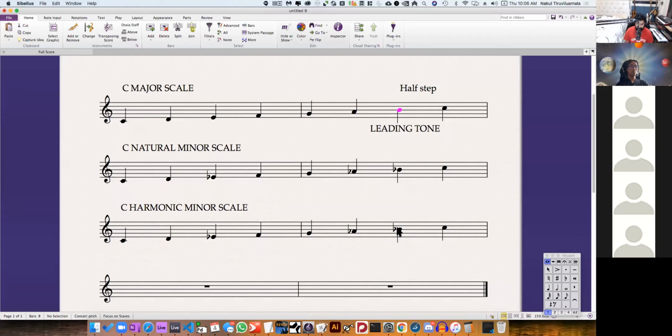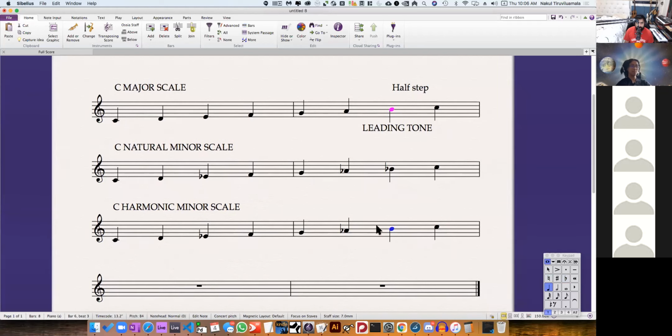Raise the 7th by a half step. Exactly. So this B flat will become B natural, right? Okay, now, what is the distance between this note and this note? This is a whole step over here, and this is actually what they call subtonic, not leading tone. Okay.